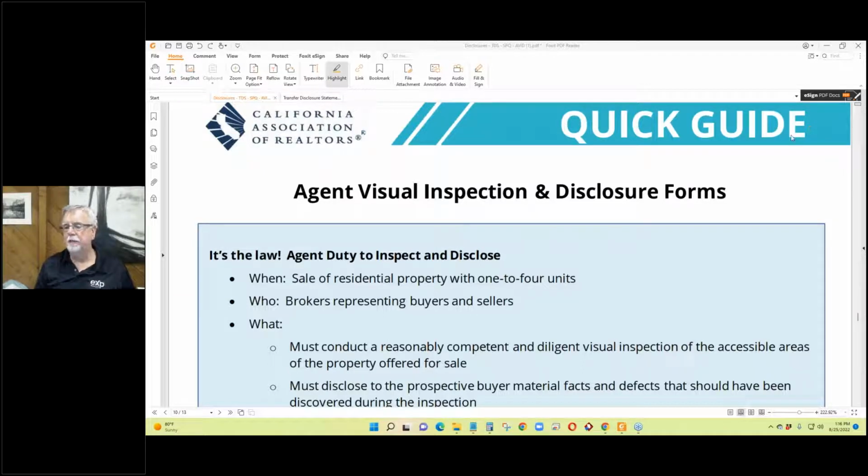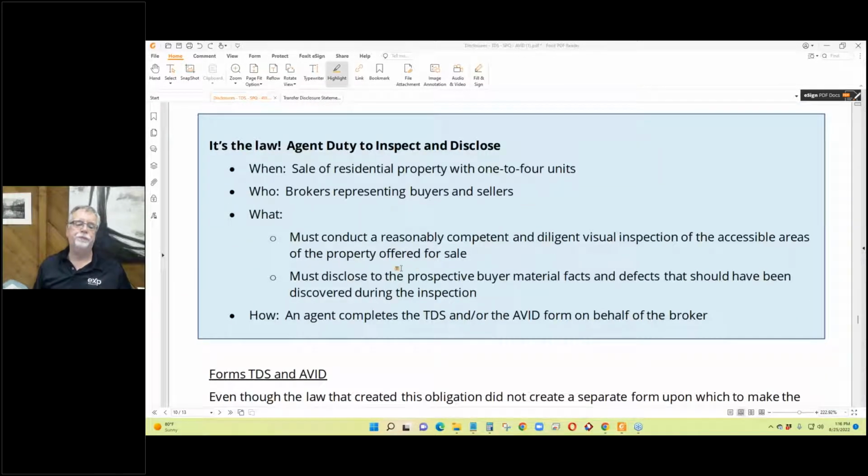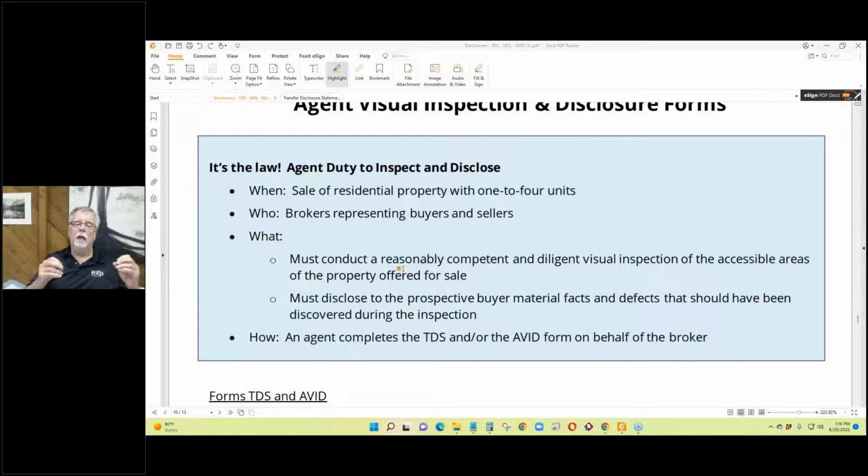All right, agent's visual inspection disclosure. Let's talk about that. Even if the property is exempt from the TDS, it's not exempt from the AVID. Assuming it's a 1 to 4 unit residential property, your agent visual inspection disclosure is not required on vacant land.